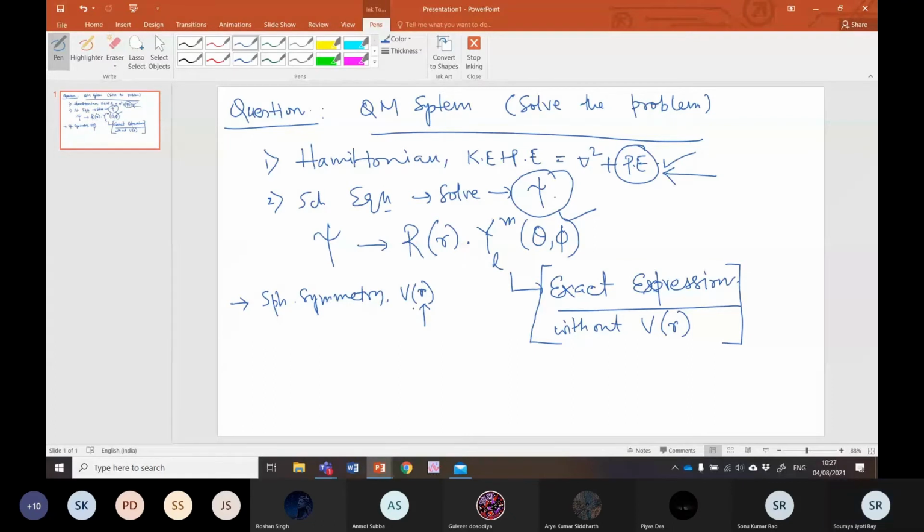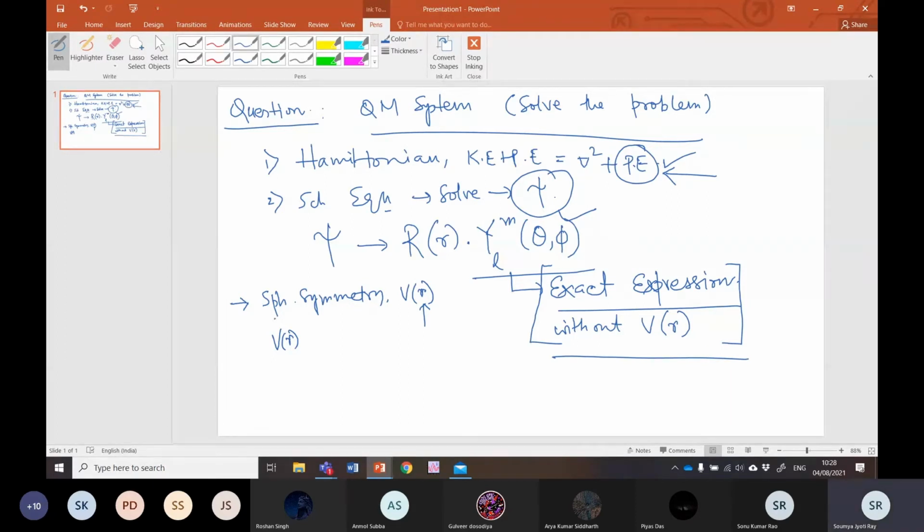Then you will always get this solution as the angular part. It will not change if the functional form of V(r) changes. So as long as the potential has this spherical symmetry, or let's say it is a central potential, you will always get the solution.